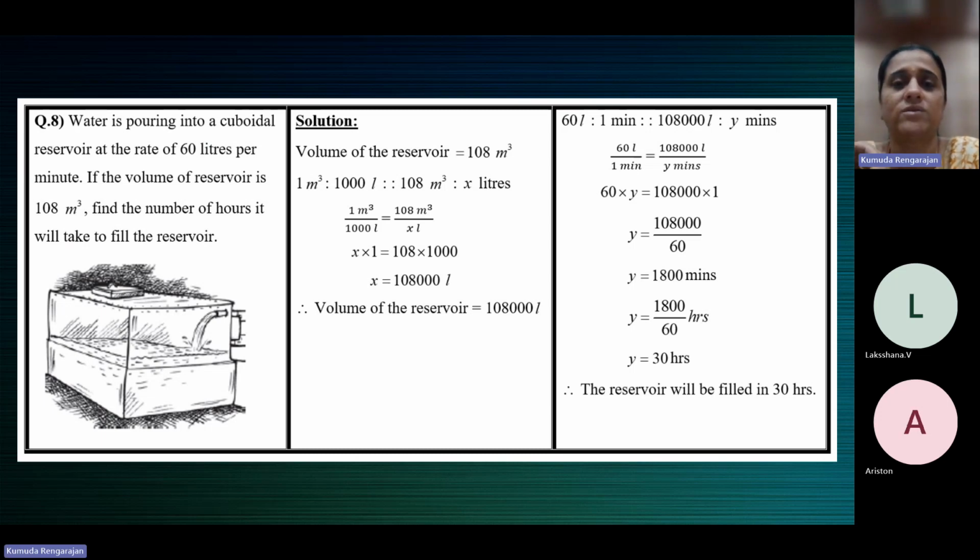In 1 minute, 60 liters of water is being filled into the reservoir. If the volume of the reservoir, that is the entire capacity, is 108 meter cubed, find the number of hours it will take to fill the reservoir.